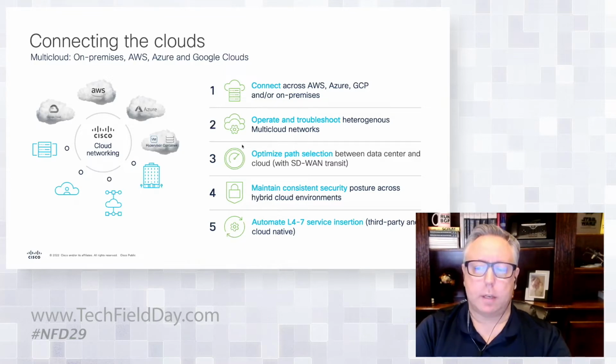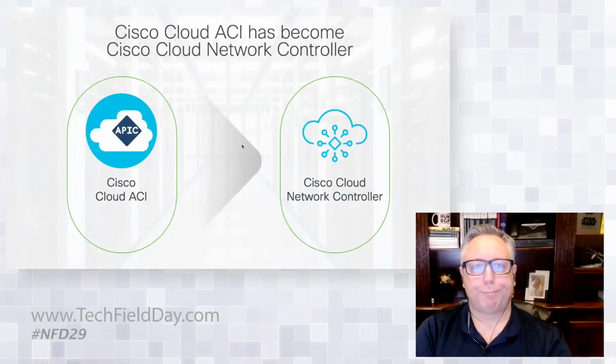And then last but not least, there's always these ominous L4 to L7 services, firewalls, load balancers, proxies, etc. We want to make sure that this service functionality, be it third party or Cisco owned, is being well integrated in such a multi-cloud environment.